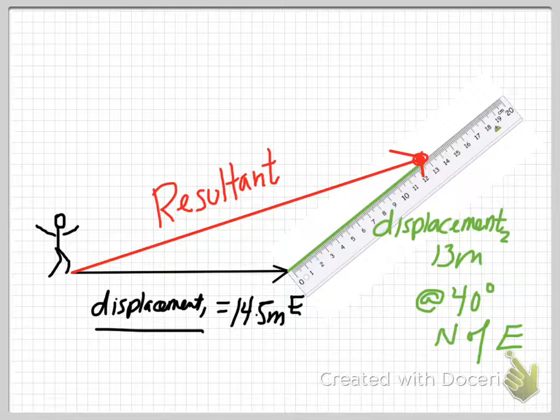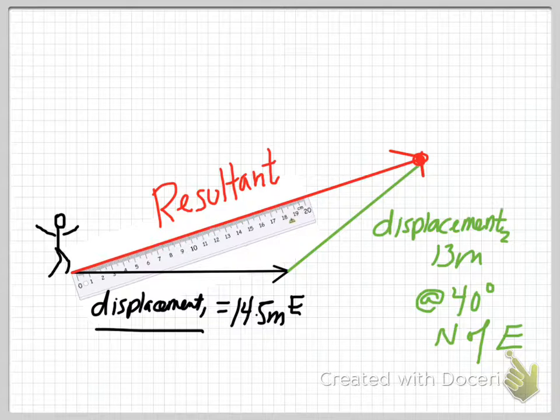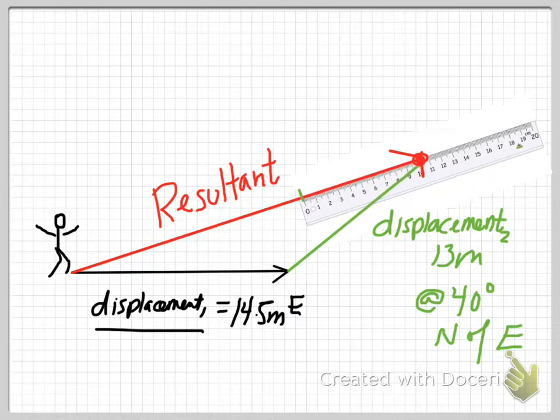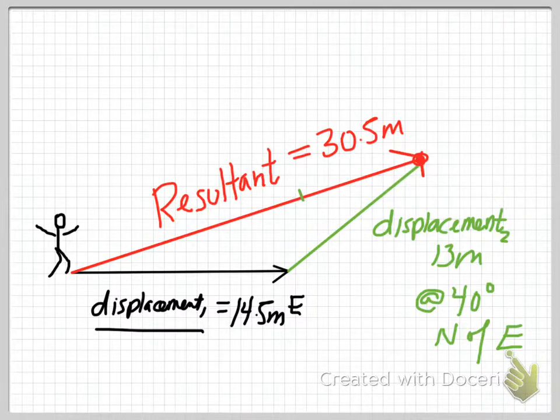Well, if we've done a good job, then we can actually use the ruler and the protractor to scale. I'll have to do a little bit of fancy footwork here. And we can measure out, we've got 20, now we're just going to move it down. 20, so we've got 30.5 meters, and we can also figure out the heading, because of course 30.5 meters is pointless if you don't know in what direction.